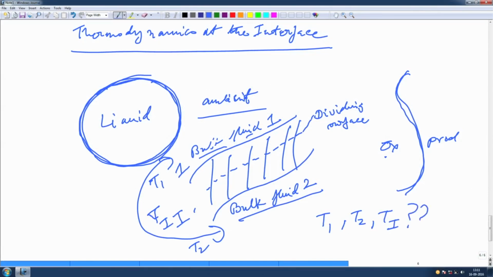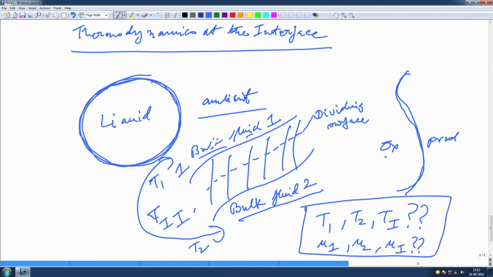Also, what about the chemical potential, that means mu1, mu2, mu(I)? We need to know how those chemical potentials actually vary. So, these are the interfacial phenomena. In the next class we are going to see how these interfaces can be described.